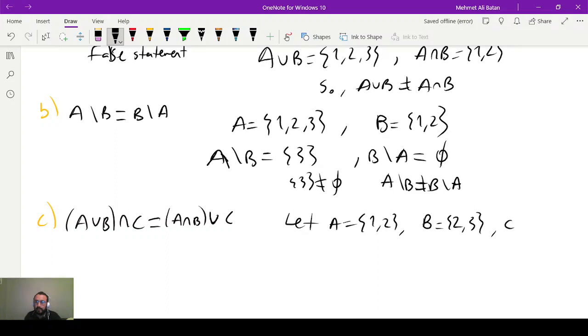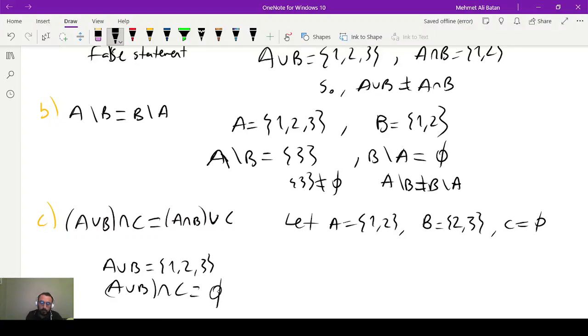And C is the empty set. What about A union B, which is {1, 2, 3}? And what is A union B intersection C? Since C is the empty set, this is an empty set. Okay, so the left hand side is the empty set.